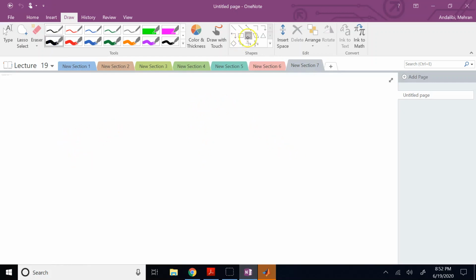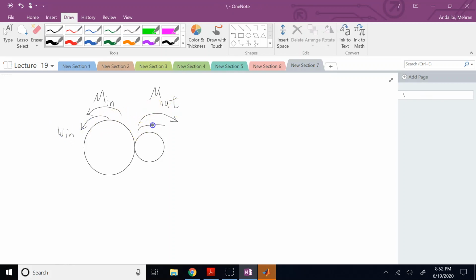Okay, so if you have a gear train, and if you remember, when we have two gears, if this is the moment or torque in, this is the moment out or torque out, this is the omega in, and this is the omega out.